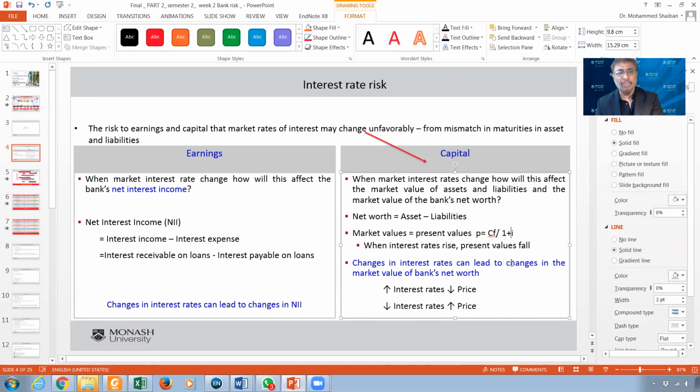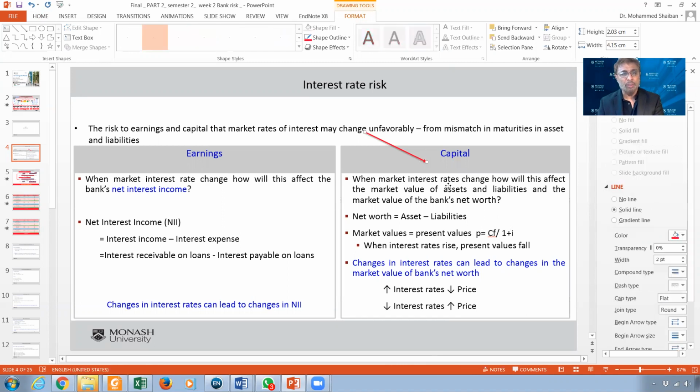So if the i increases, as I explained before, the price will go down.